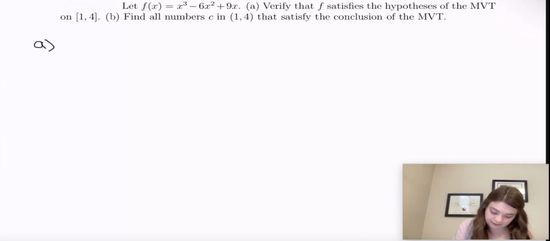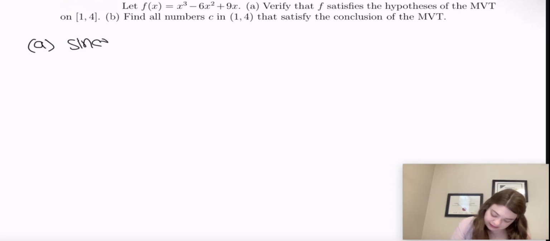Part A says to verify that f satisfies the hypotheses. So the hypotheses are just that the function is continuous from 1 to 4 and also differentiable from 1 to 4. Now, here's the thing. This is a polynomial. And because it's a polynomial, we know that all polynomials are continuous and differentiable everywhere. And so therefore, those conditions are met. So I'm going to write that down.